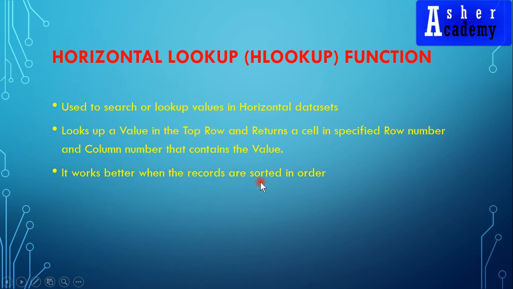It works better when the records are sorted in order. This is the function called HLOOKUP. This is the name of the function. These are the arguments that it takes.